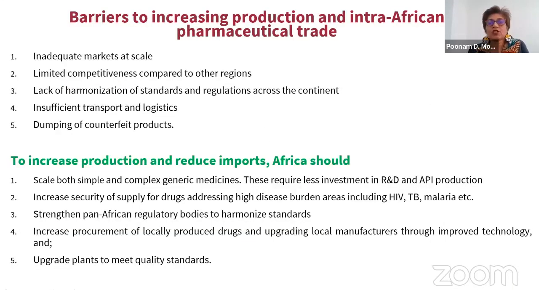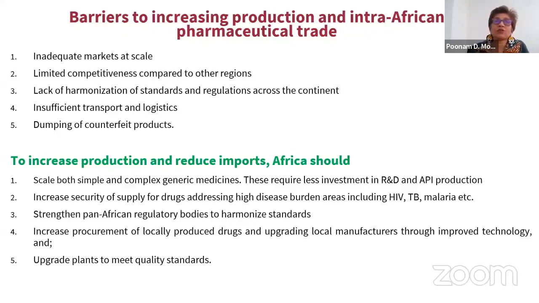Barriers to increasing production and intra-African pharmaceutical trade, again, include inadequate economies of scale and limited competitiveness compared to other regions. We talked about Asia just before. There is also a lack of harmonization of standards.